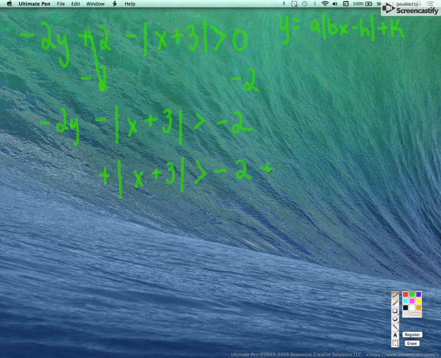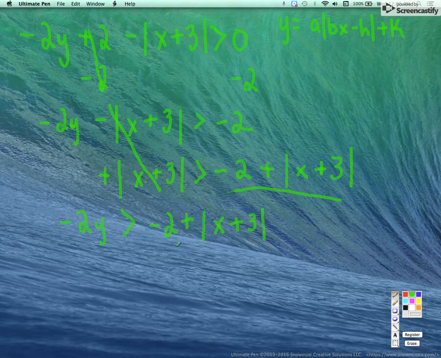So it's going to be plus the absolute value of x plus 3. All right, so this over here is going to cancel. What we're going to be left with now is this negative 2y, and it is going to be greater than everything that we have here. So negative 2 plus the absolute value of x plus 3.